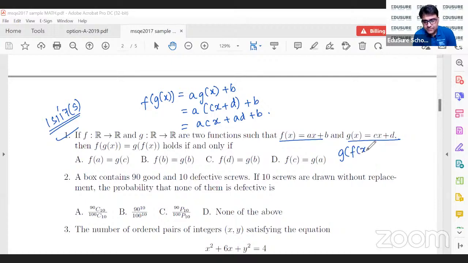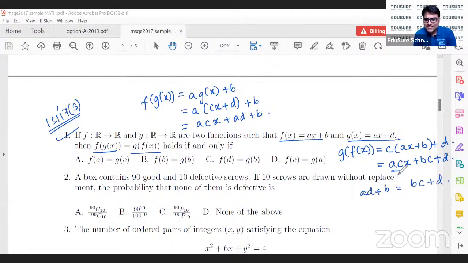G of fx is basically c fx plus d, so acx plus bc plus d. So f of gx is equal to g of fx will hold if ad plus b is equal to bc plus d.